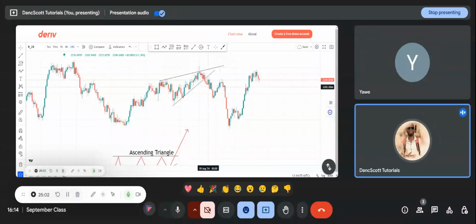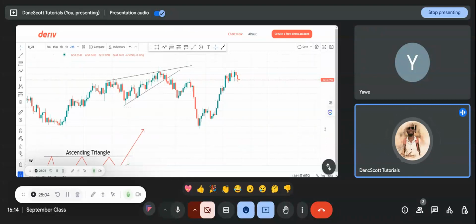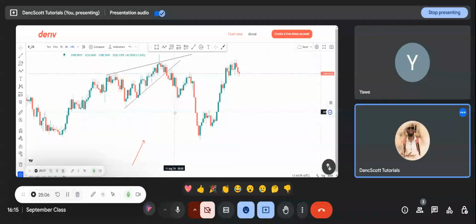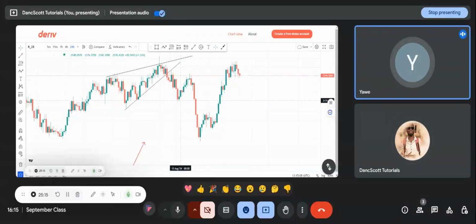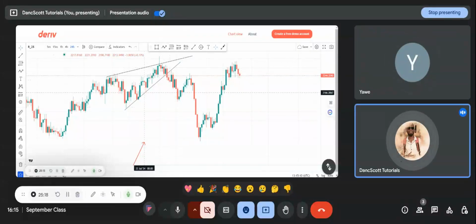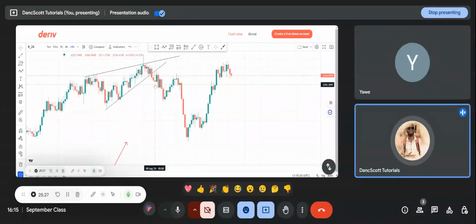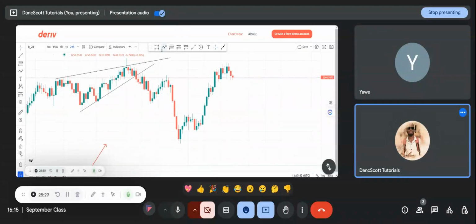So now you can see I have the low there, the high there, the low there. Then it later gave me another high here and later broke out. This is not a perfect rising wedge, but it is a rising wedge. In the end, you can see what I was talking about. We have the breakout here. Let me change the color.